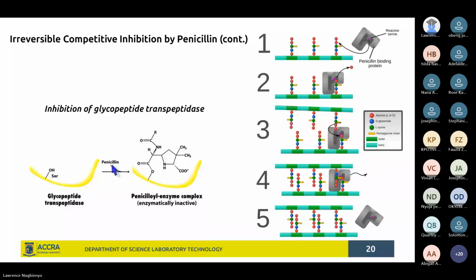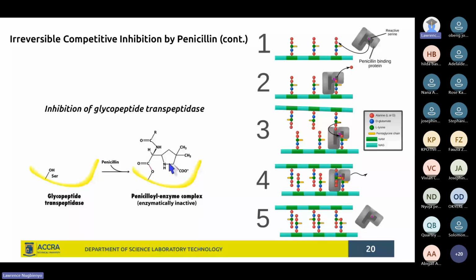Penicillin, as an antibiotic, comes and binds to that serine residue, forming the penicillin-enzyme complex, and renders the enzyme inactive. So all that I described simply means that penicillin binds to the active site of the glycopeptide transpeptidase and renders the enzyme inactive.